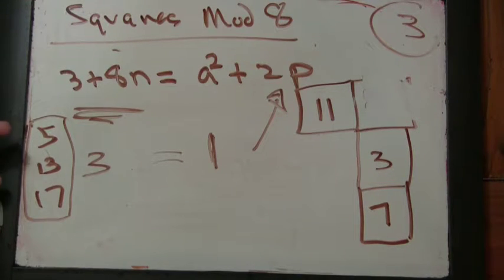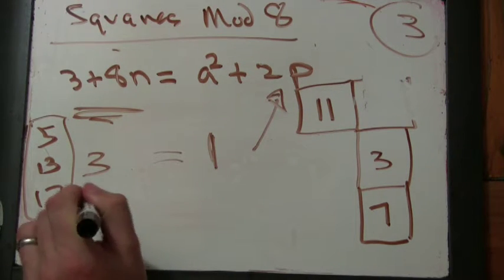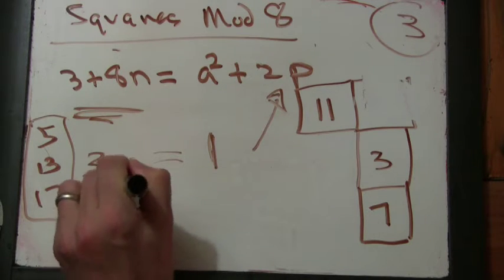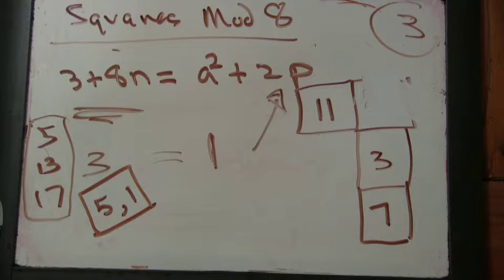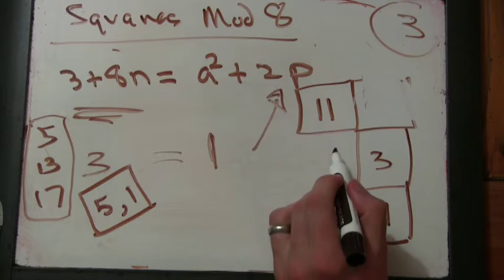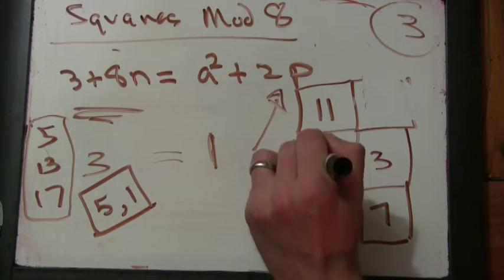And these ones look like they're going to be 5 or 1. 13 mod 8 is also 5. 17 is 1 mod 8. Okay, so interesting. So these primes seem to be 5 or 1 mod 8. And the other ones are 3 and 7 mod 8.